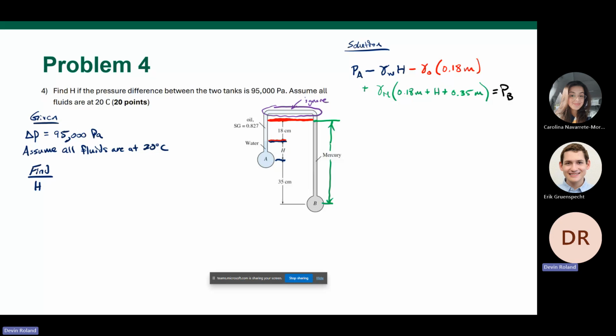So now if we do a little bit of rearranging, we can move PA over.